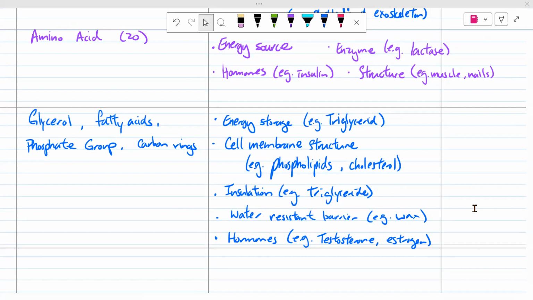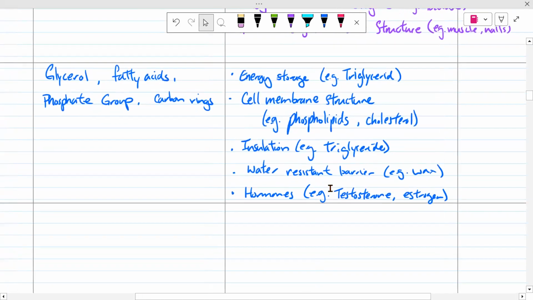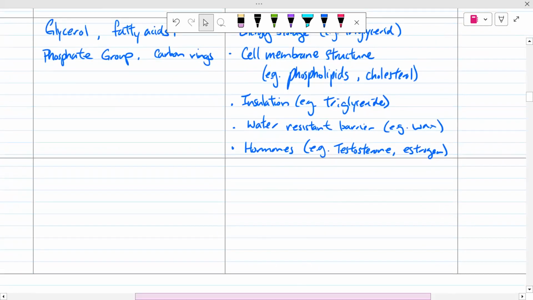Hormones can be proteins or lipids, right? Steroids specifically. Okay. These steroid hormones are made by the smooth ER. The protein hormones are made by rough ER with the ribosomes, of course. Okay, I think that's good enough for now. Let's move on.